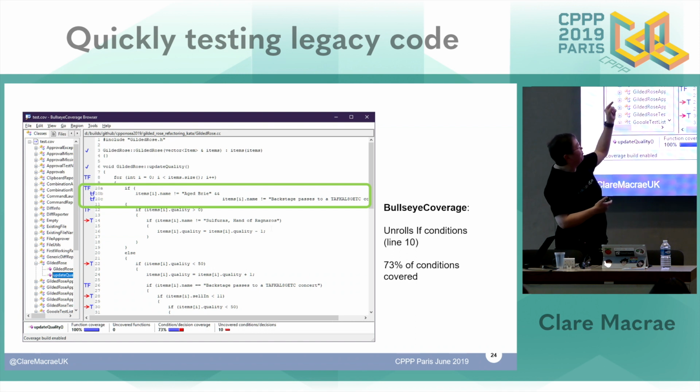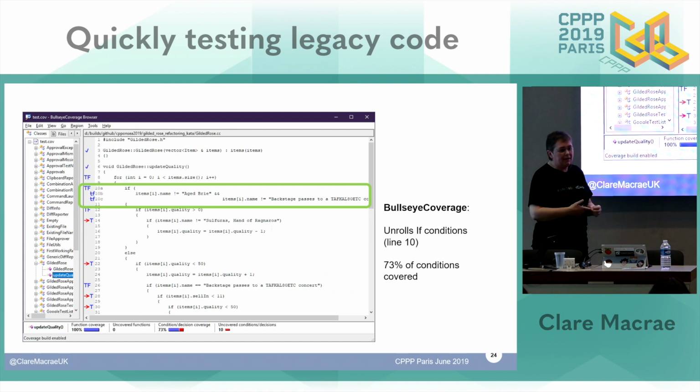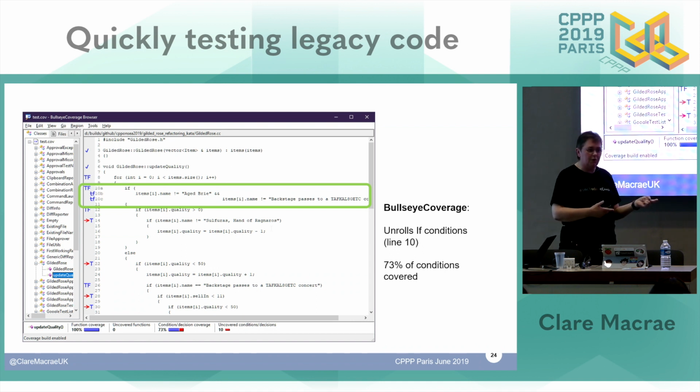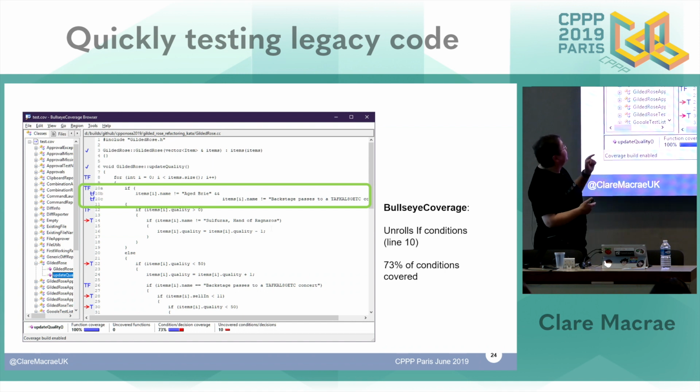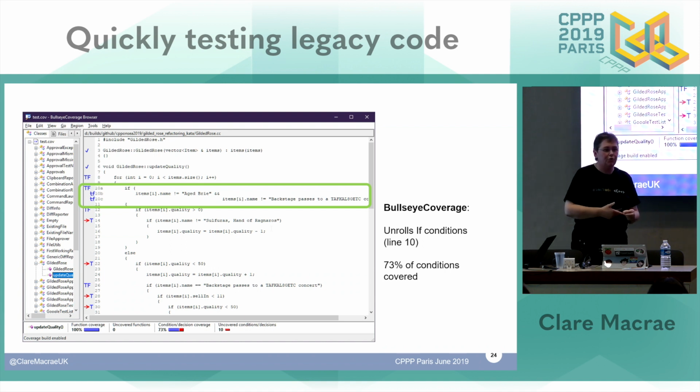Line 10 is broken down into 10A, 10B and 10C. So 10B, with the little t and the little f, says that condition was covered by the tests with both true and false. And 10C says that the second condition was covered with true and false. 10A says that the combined condition, the two capitals T and F, is covered with true and false as well.